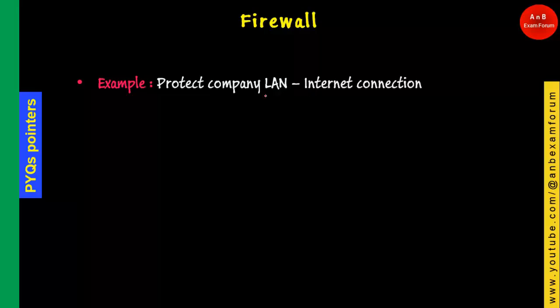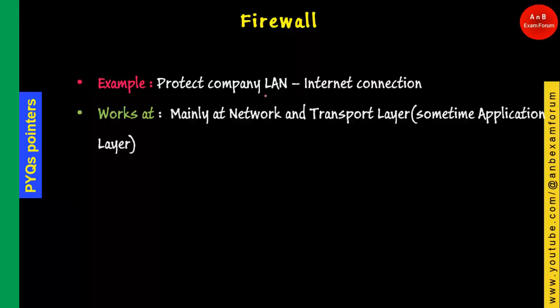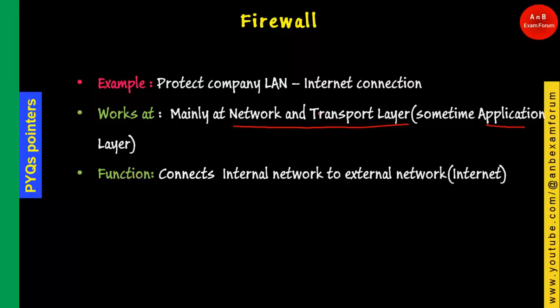In that case you need a firewall. Basically a firewall works at the network and transport layer and sometimes the application layer, but the main point is that it works at the network and transport layer. And as I told you, it is going to connect the internal network to the external network. The internal network is your local area network, whereas the external network is the internet.